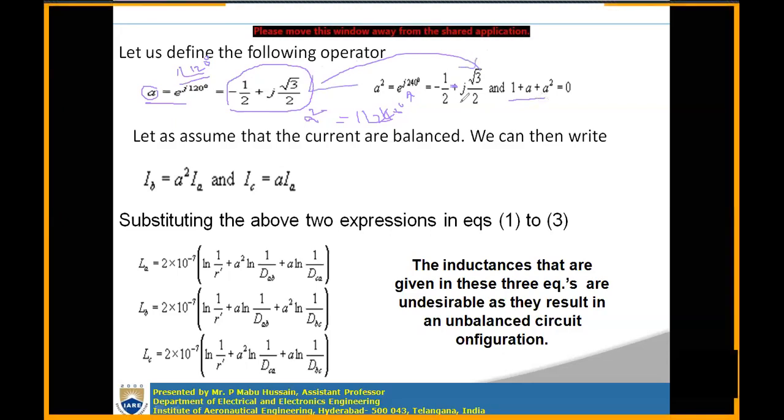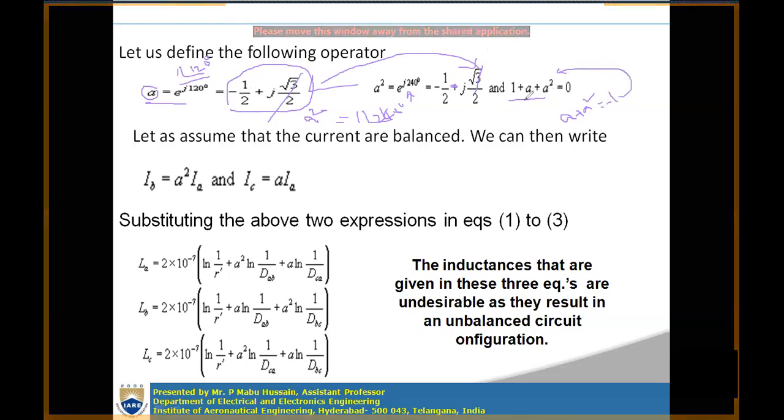You will get minus 1. The imaginary parts cancel, and minus 1 by 2 minus 1 by 2 is minus 1. That means a plus a square is equal to minus 1, so this can be written as 1 plus a plus a square is equal to 0.